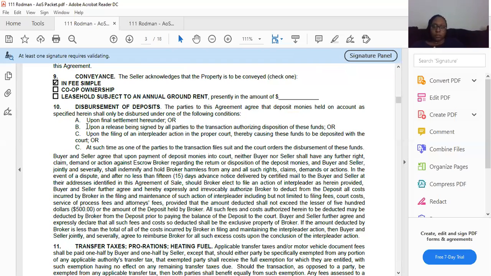Or by signing a release, so both parties agree we're parting ways, and the deposit is returned or kept by the seller, different things. So you don't want to ever go to court. That's not good for anyone.